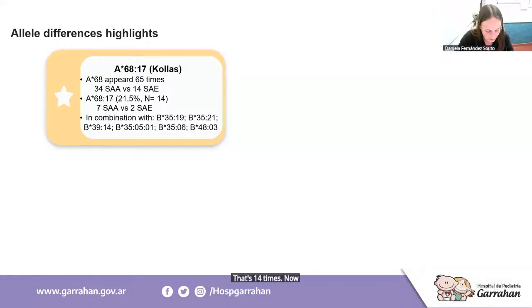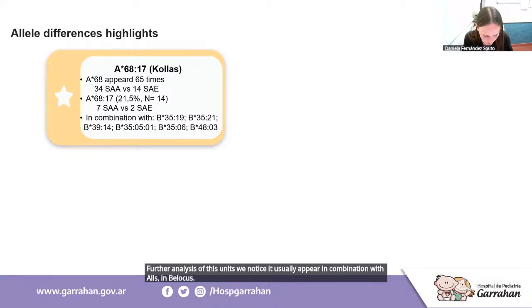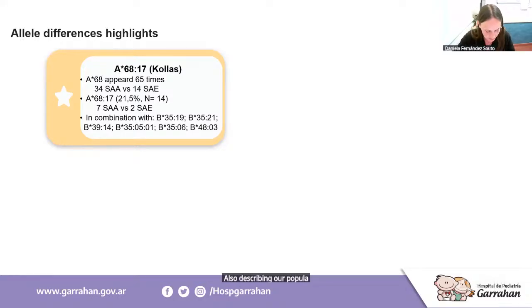Now, what's really striking is when we consider ancestral origins, the allele appears 7 times in Amerindian groups and only 2 times in the European group. Further analysis of these units, we notice it usually appears in combination with alleles in the B locus, also describing our populations, as we can see here.